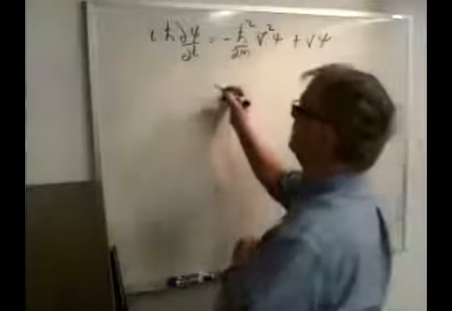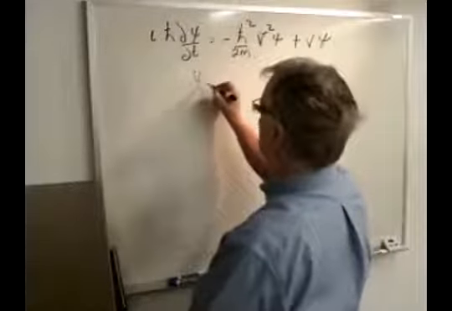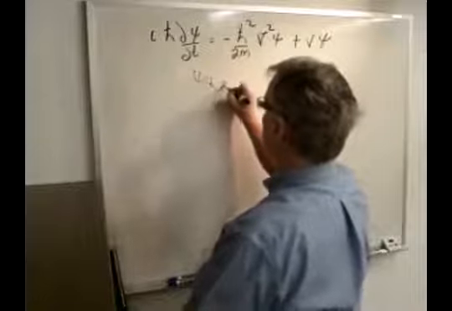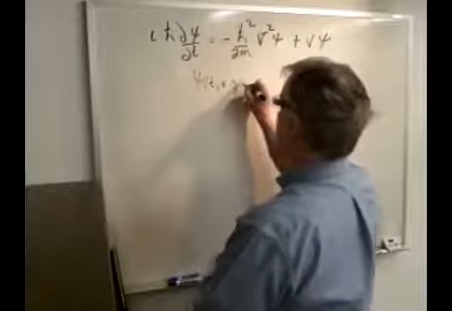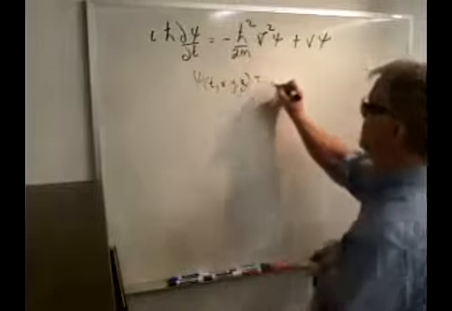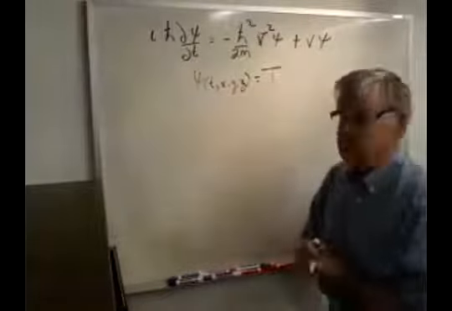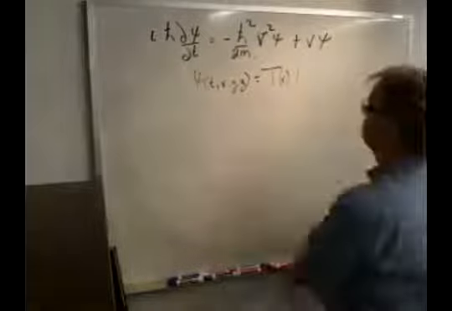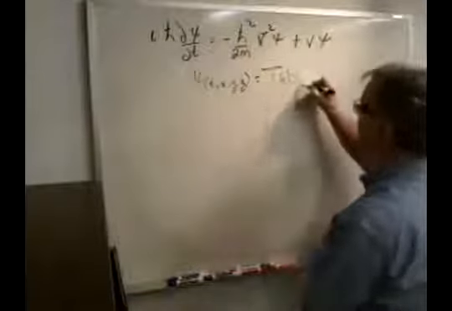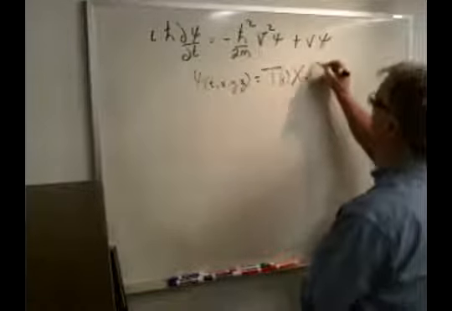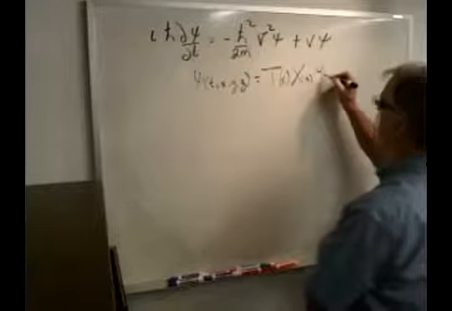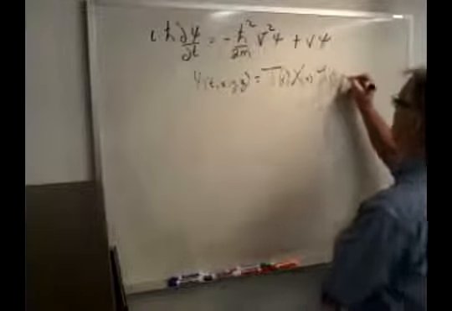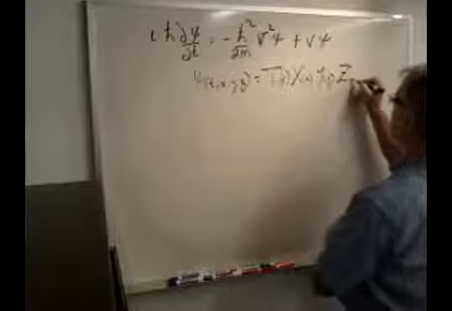So if I have that psi, which is a function of t, x, y, and z, is equal to a function of time only, times a function of x only, times a function capital Y of y only, times a function of z only.